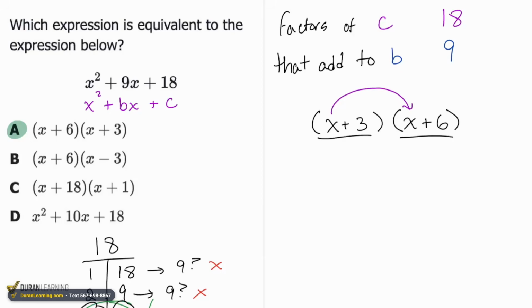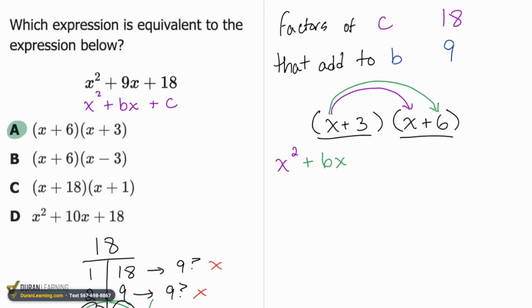Yes or no, is x times x, x squared? Great. Part 2: I also need the x to multiply with the 6. Is x times 6 going to be 6x? It is. Perfect.